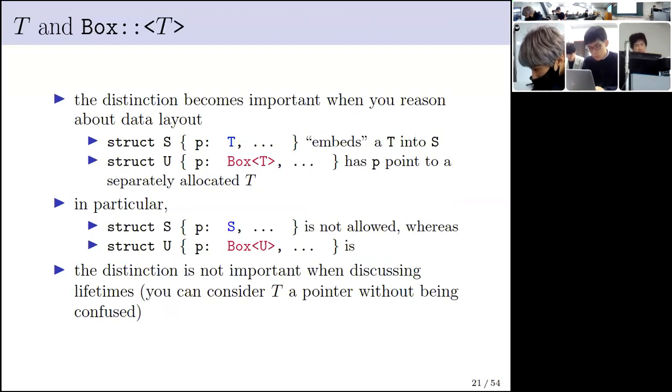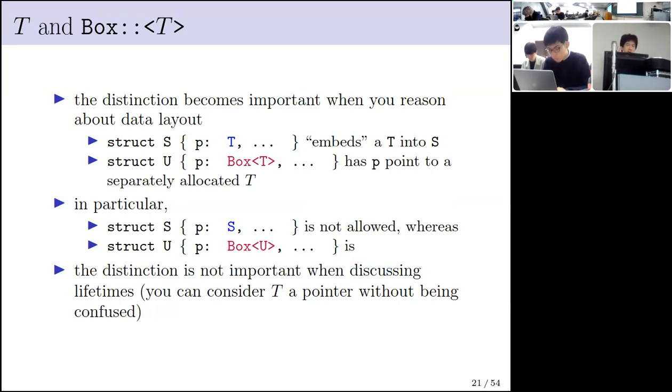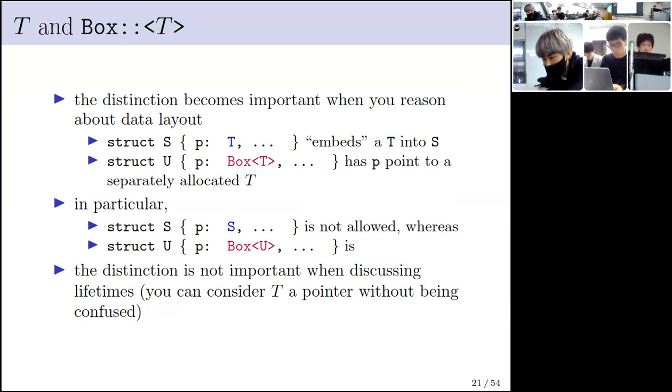Well, actually, in my understanding, the only case in which the distinction becomes semantically significant is when you have recursive data types. The distinction becomes important when you reason about the data layout of structures.